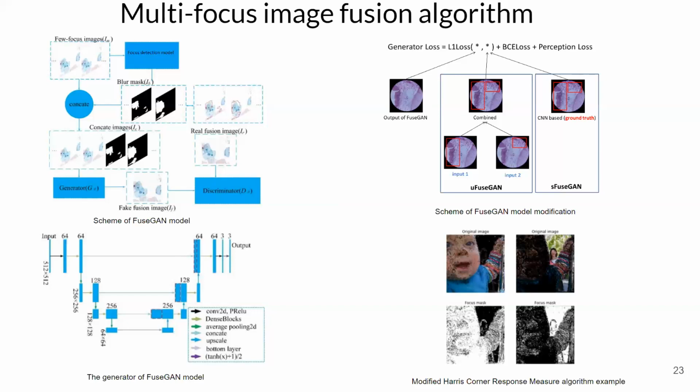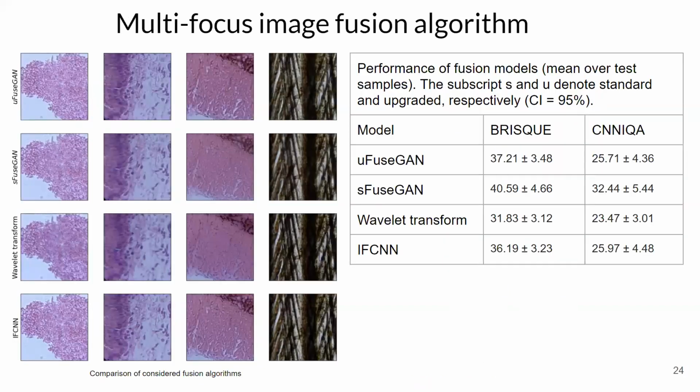Next. And here you can see our results. Despite the fact that we managed to achieve qualitative improvements for the image fusion task, as you can see in the comparison of considered fusion algorithms, we did not manage to improve the quantitative metrics that we chose for evaluating our models.